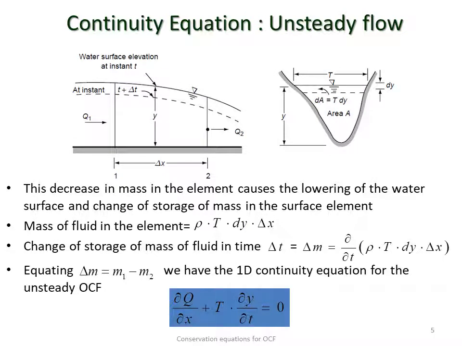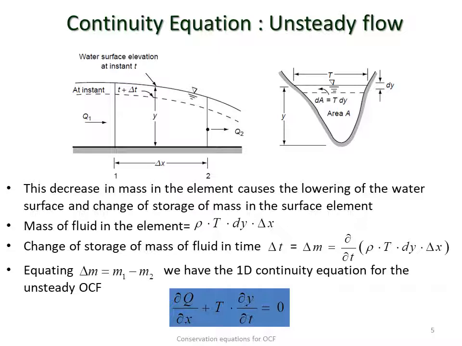Now this decrease in mass, actually we are going to equate it to the rate of change of mass of fluid in time delta t. So if the mass of the fluid in the element is equal to rho into capital T into dy into delta x, then the rate of change of the mass in time delta t is given by del by del t in the bracket rho into capital T into dy into delta x.